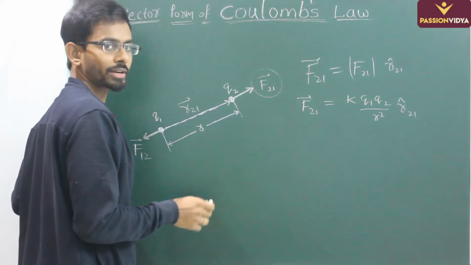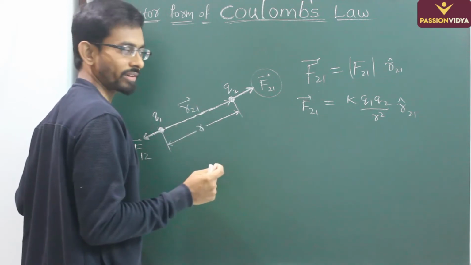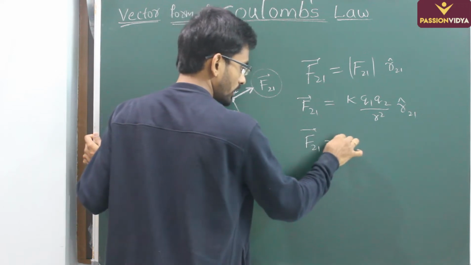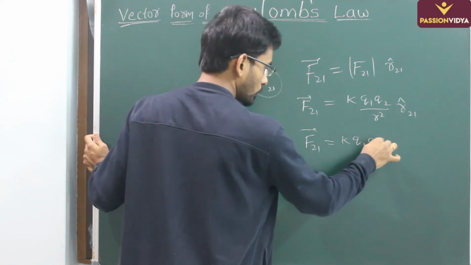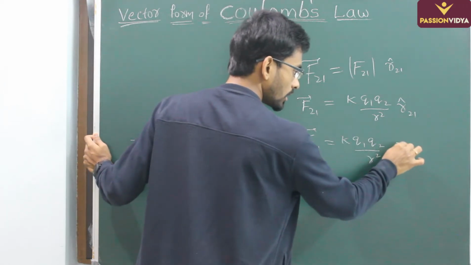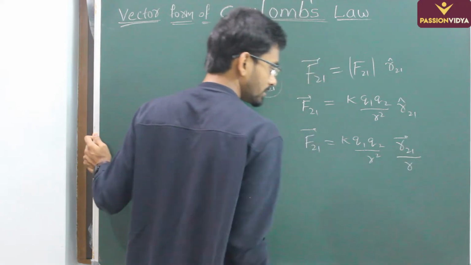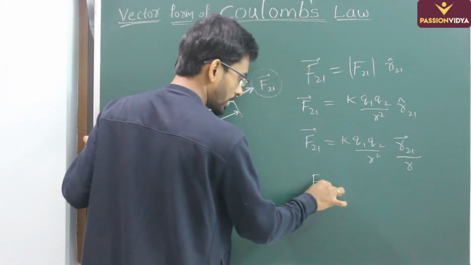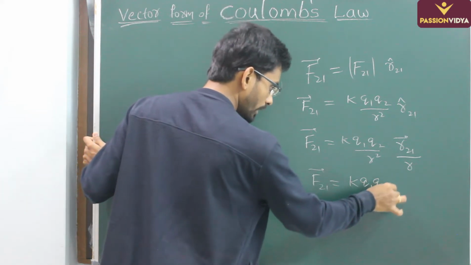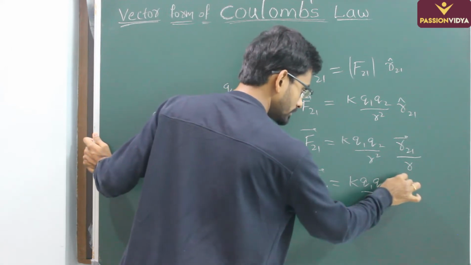Now we know unit vector is equal to vector by magnitude of a vector. So F21 bar is equal to K into Q1 Q2 by R square into this unit vector. We can write it as R21 bar by magnitude of it, which is R. So finally we will get F21 bar as K into Q1 Q2 by R cube into R21 bar.